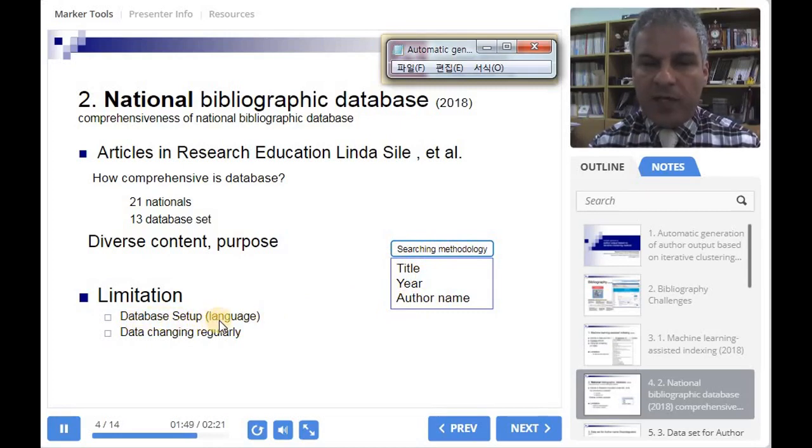Because of the language barrier, they had difficulty setting up the database because they didn't have a unique manual. The other problem was their national databases were changing rapidly because of adding authors, deleting authors, or adding new content.